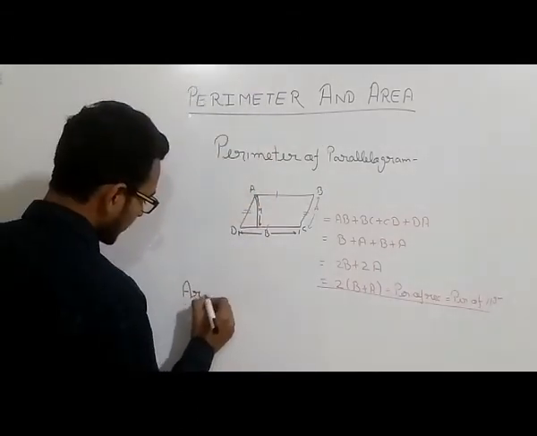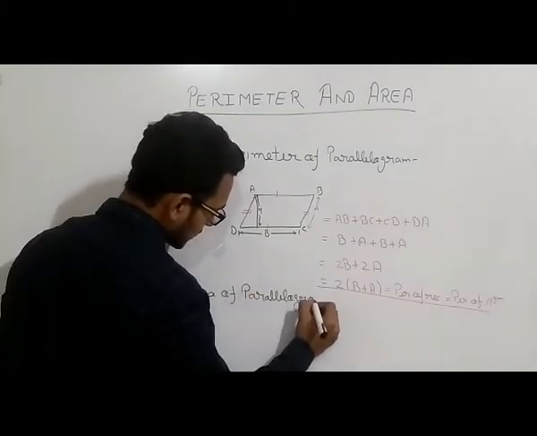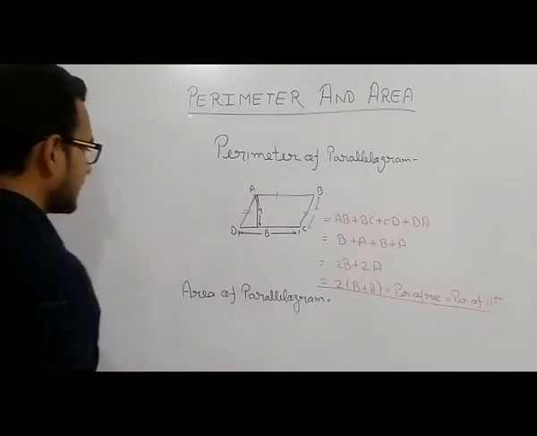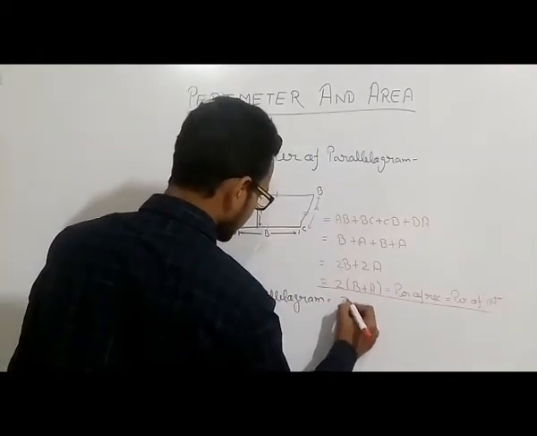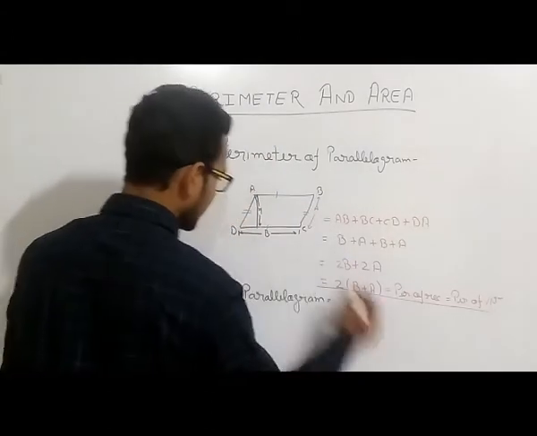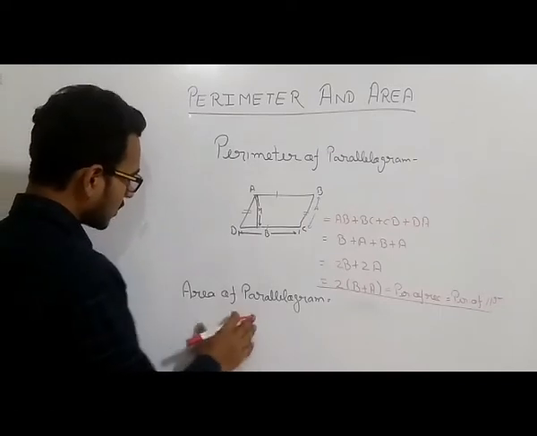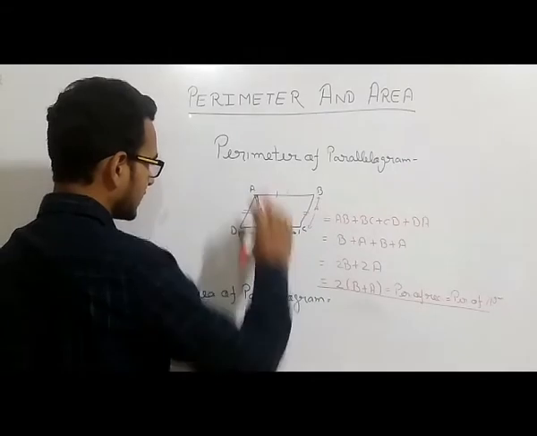Then we have to find out the area of the parallelogram. So what is the area of a parallelogram? The multiplication of two sides, one being the base and the other the height. So the area of a parallelogram is base multiplied by height.